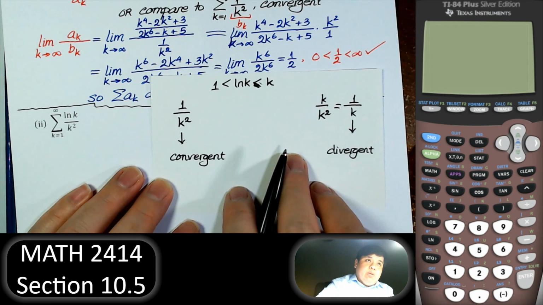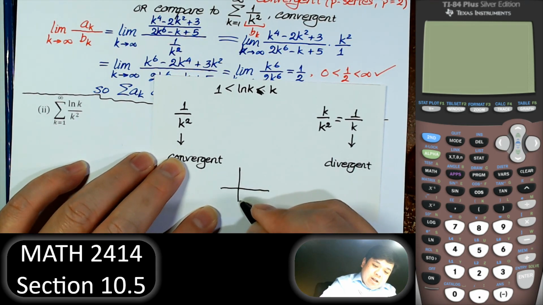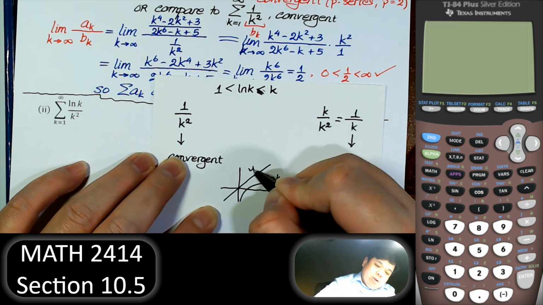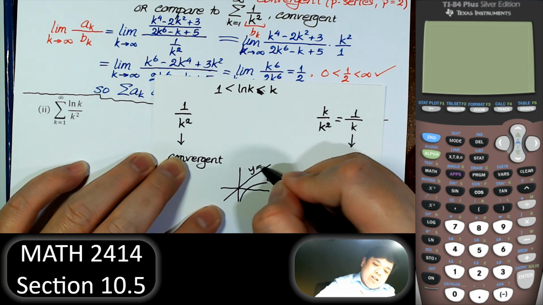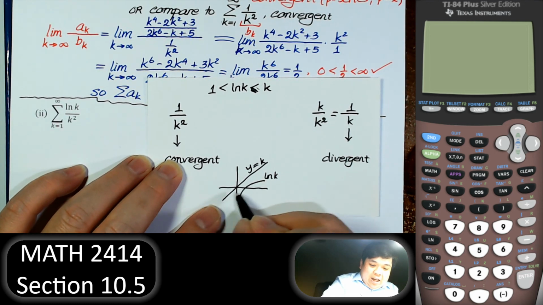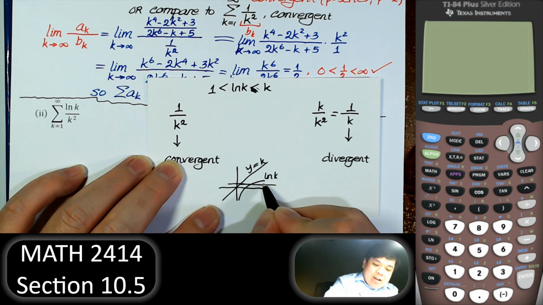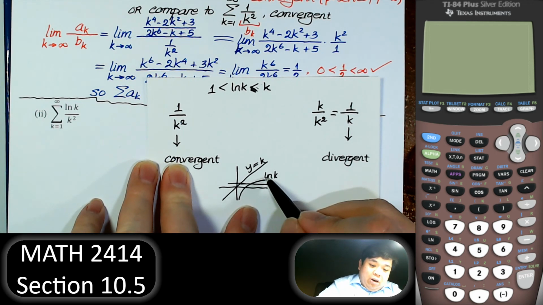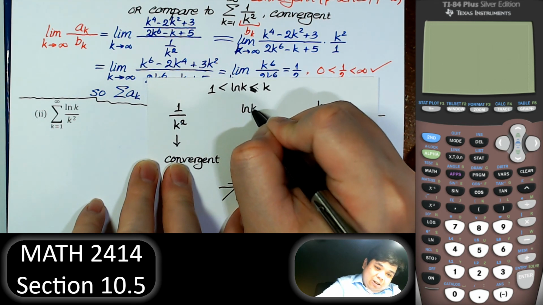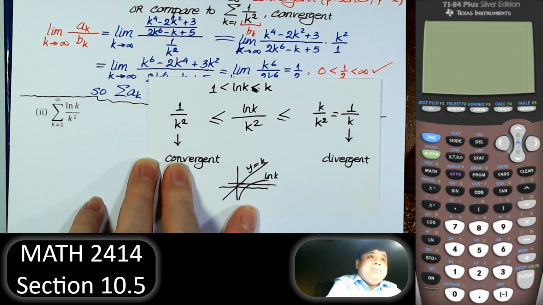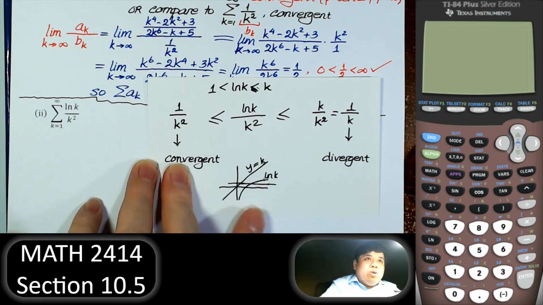The reason I know that is because ln of k looks like this, where y is ln of k, x is k, and then 1 is this one. So ln of k is between k and 1.